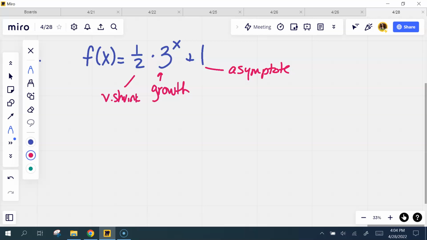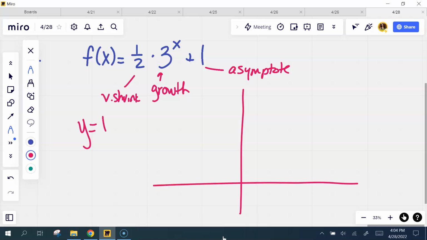So let's graph it. My asymptote is happening at y equals 1. I always start with that. Okay, then I start with my easy point. Well, I know that h, a plus k, is an easy point on my graph. Well, here, h is 0, a is 1/2, and k is 1.